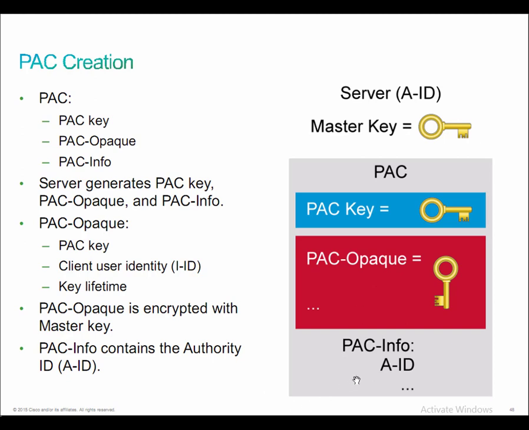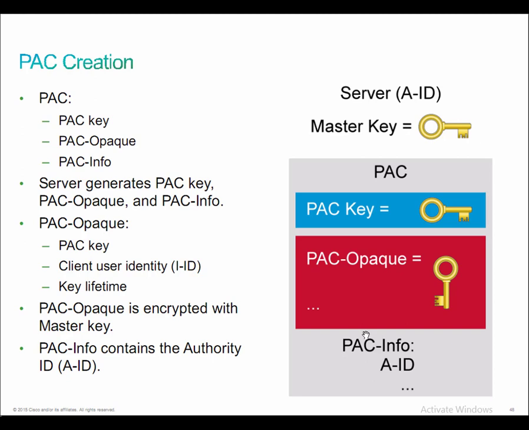Then the last bit of information you see down here, which is the PAC info, this is also a variable length field. You see these dots here, that indicates that these are variable length fields. That's used to provide, at a minimum, the authority identity, which is the server's identity, or the PAC issuer.